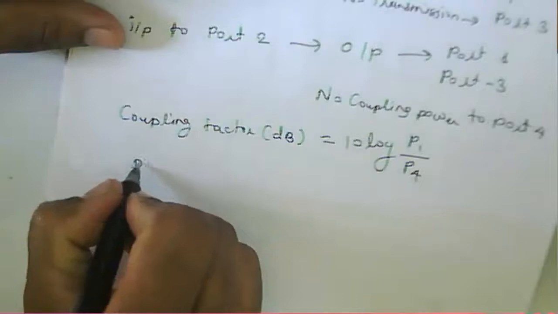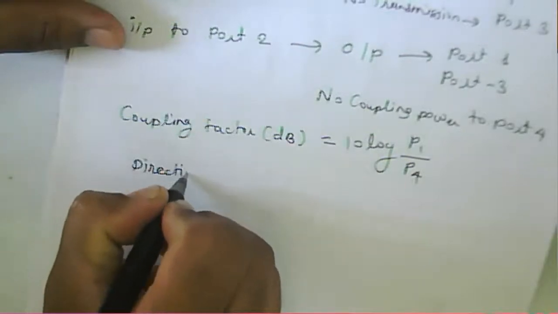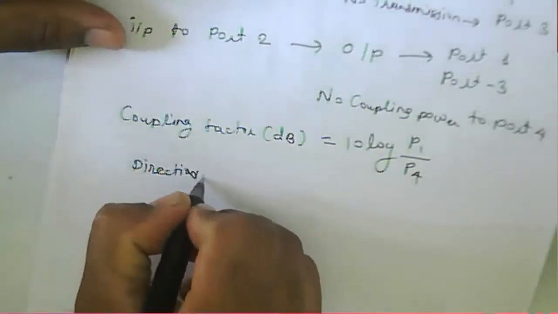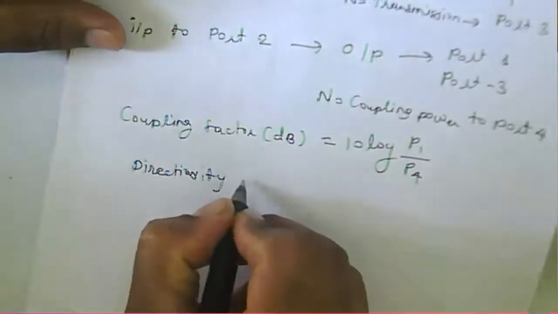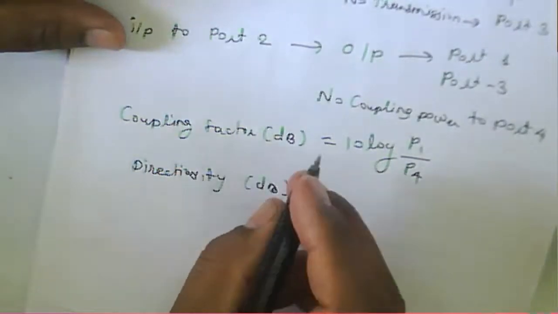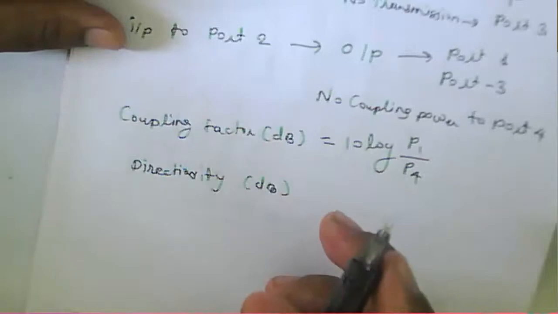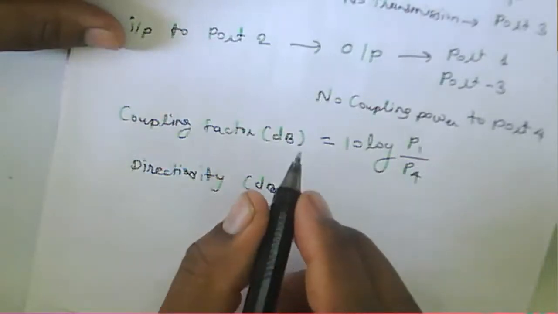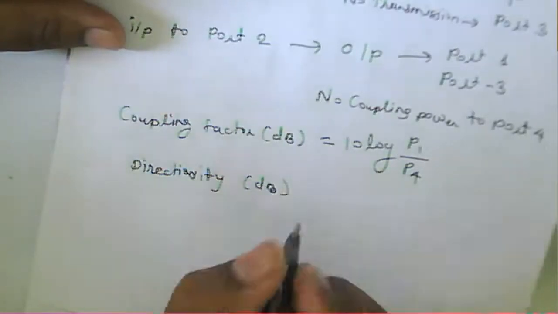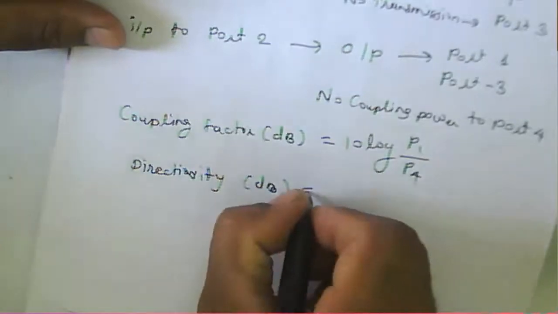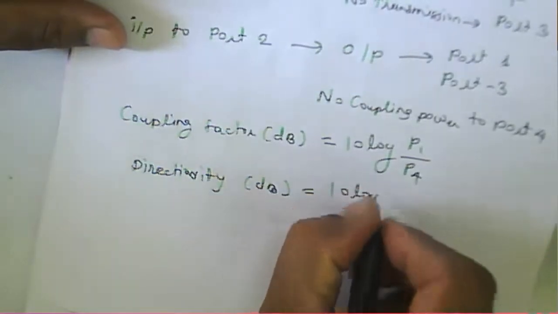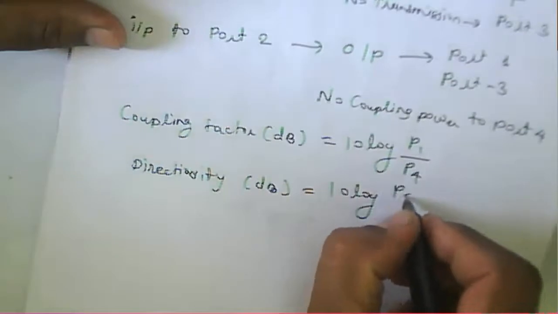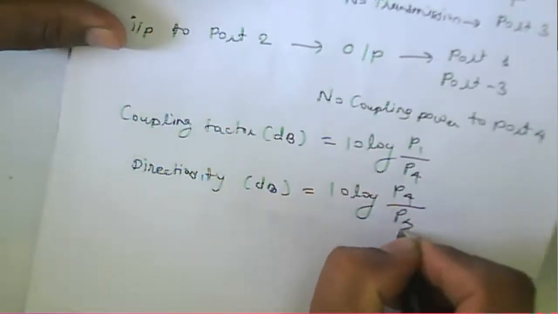And for directivity, we say that there is no power coupled here. So directivity is nothing but, with the input at this side, the output from port 3 and the output from port 4. The output at the same port is P4 by P3.